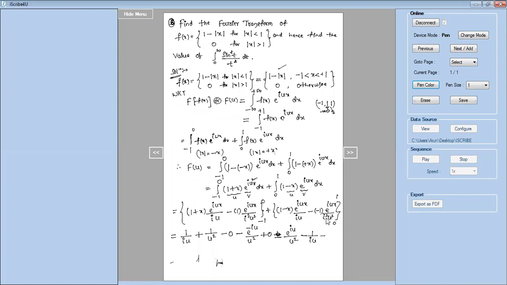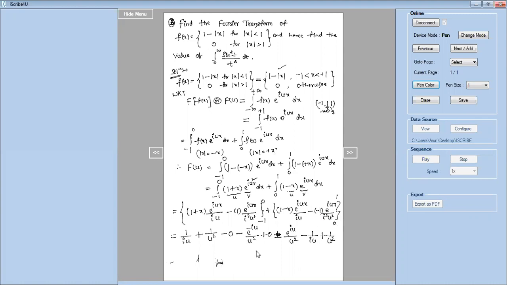But i square is minus 1. Minus into this minus, plus. Correct? i square is minus 1. Minus minus gets cancelled. Minus into outside minus, it is plus. Plus 1 by u square. So this is by substituting the limit.